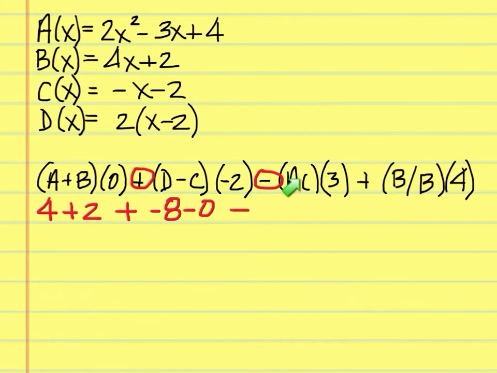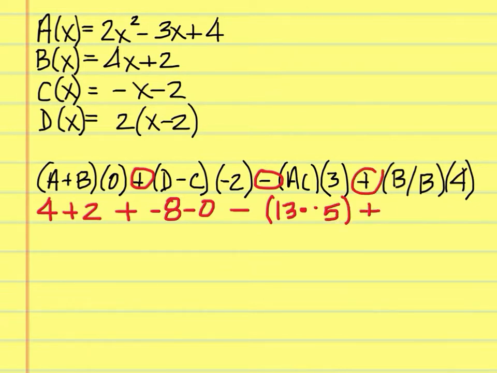3 into the a function. That would be 9, 18. 18 minus 9 is 9, plus 4 is 13. But we have to multiply it by whatever we get for putting 3 into the c function. Putting a 3 there would be negative 3 minus 2, which is negative 5.